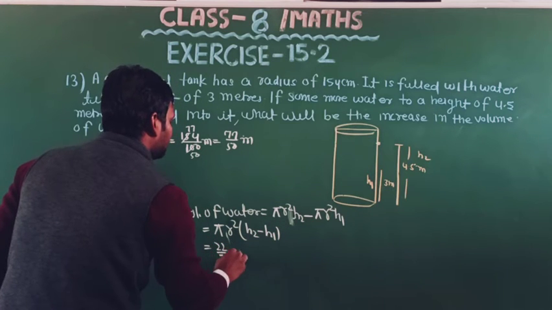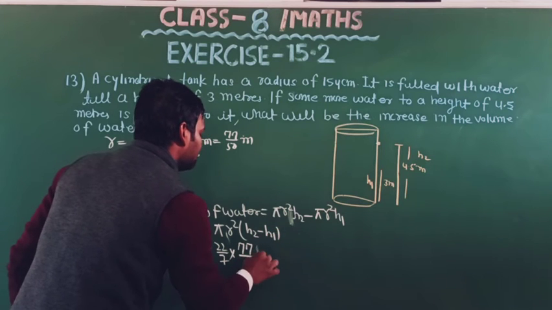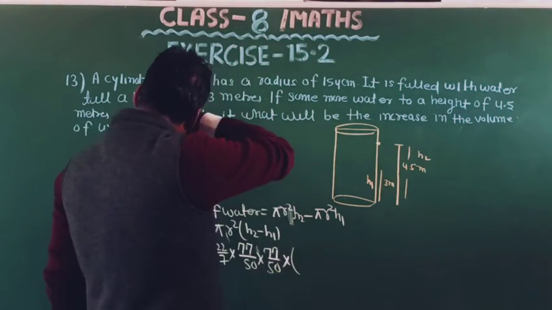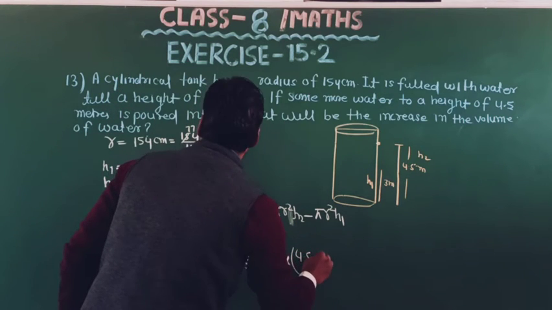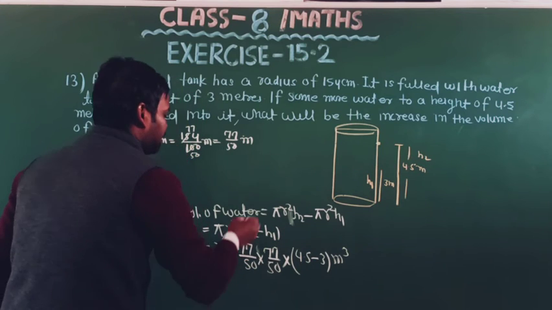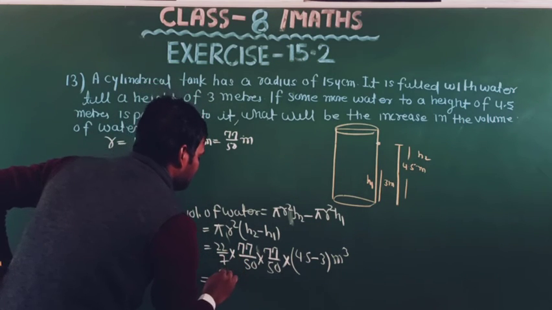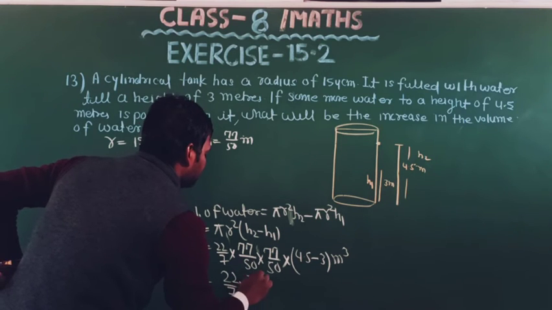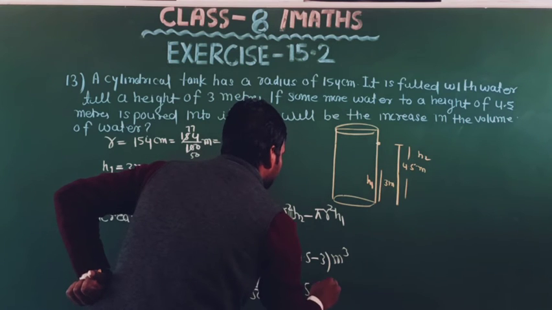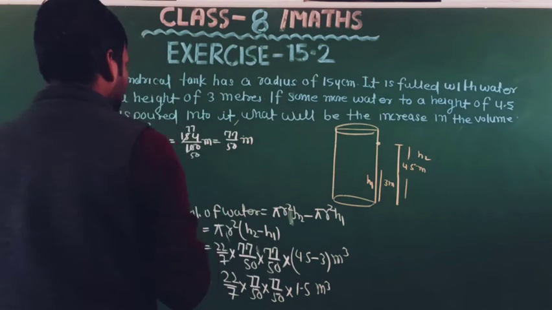The value of pi is 22/7 and radius r is 77 by 50 meter, and height h2 minus h1 is 4.5 minus 3 meter, which is 1.5 meter cube overall.